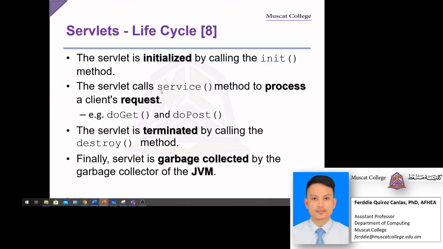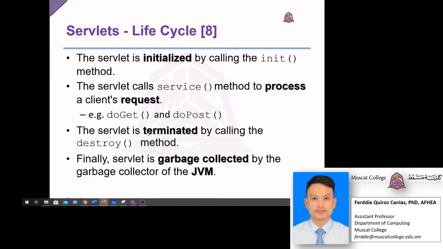Next, if the servlet service is finished, then we have to terminate it by calling the destroy method. So the destroy method is equivalent to the word close, right? And finally, servlet is doing the garbage collection. Garbage collection is a concept in Java, especially in the JVM, to clean the memory, to free up the memory space so that other clients may do the requests later.